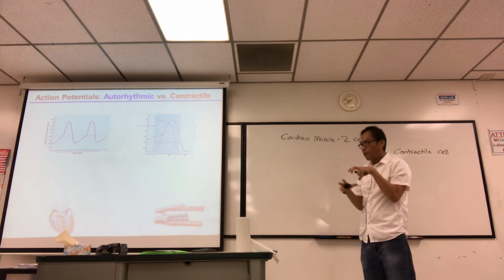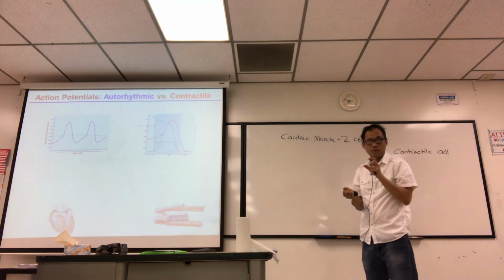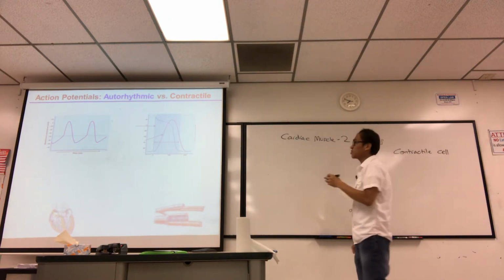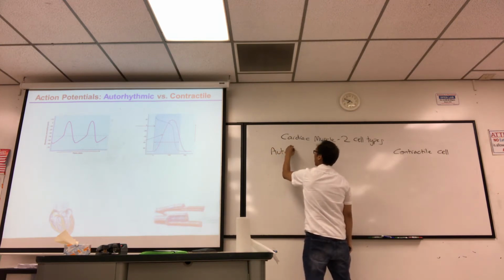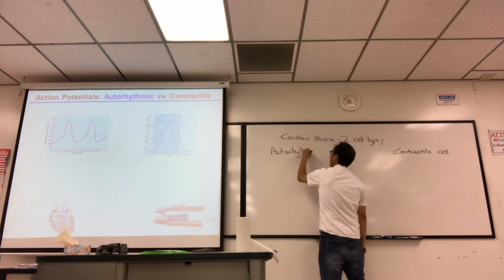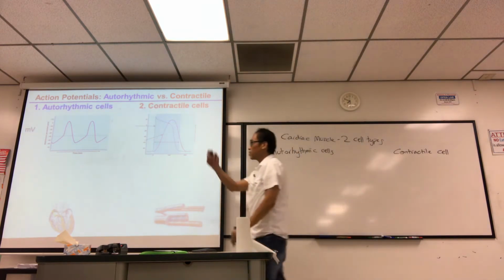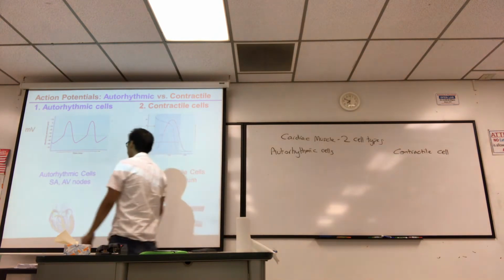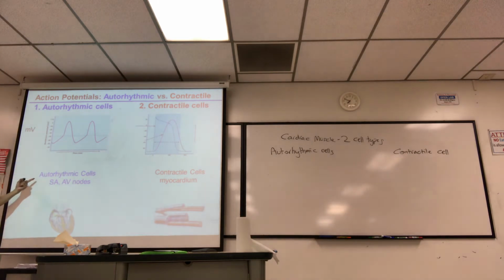But then those very small little nodes here and there that spread the depolarization that we talked about last time, the SA, the AV node, the cells in those nodes are called autorhythmic cells. They have the pacemaker potential. So these cells here, cells of primarily the SA and the AV node versus cells of the myocardium.